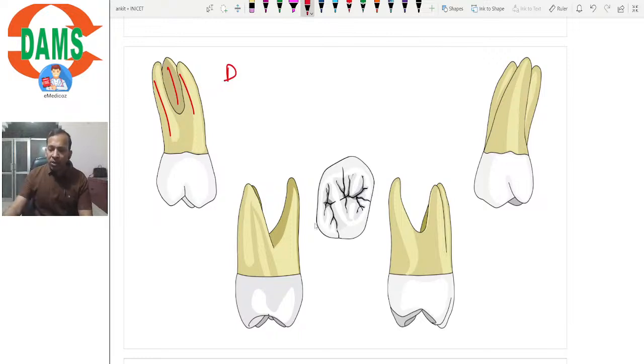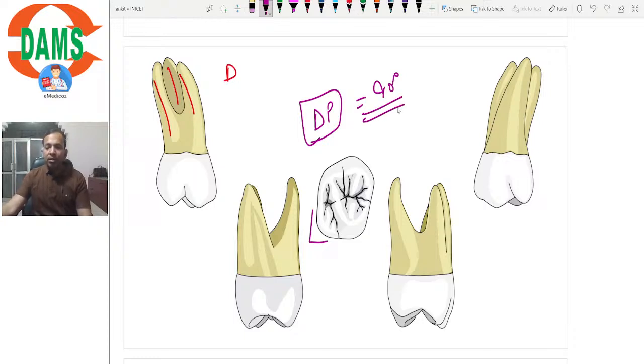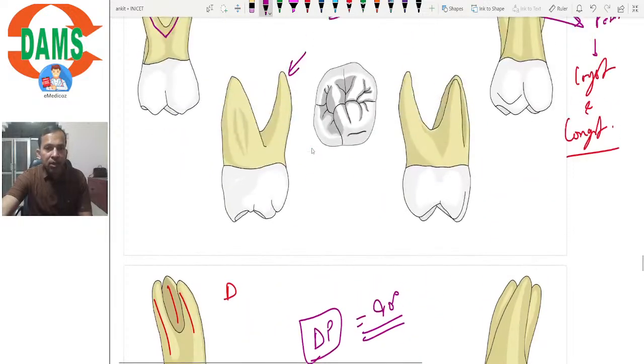Sometimes they'll ask you which line angle in the maxillary second molar has a 90-degree angulation. As you can see here, it is the distopalatal angle, which is approximately 90 degrees, right? Here you can see the distopalatal angle, how is it? Almost acute.